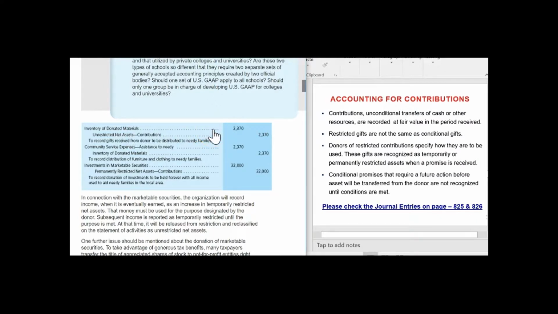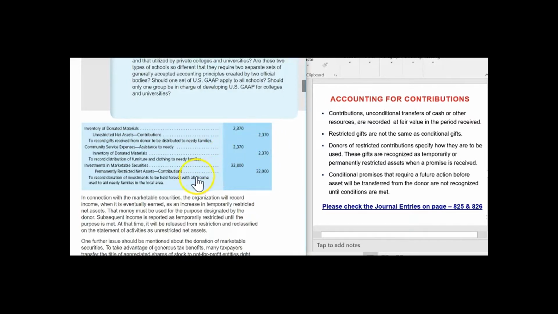Now, it also mentions that the organization distributed all those furniture and clothing immediately. So now you have to show an expense. They call it community service expense, and they expense all those furniture and clothing, and they also need to reduce their inventory by these values.